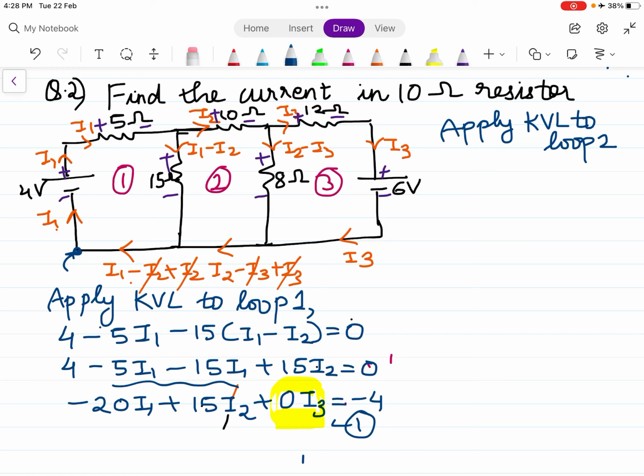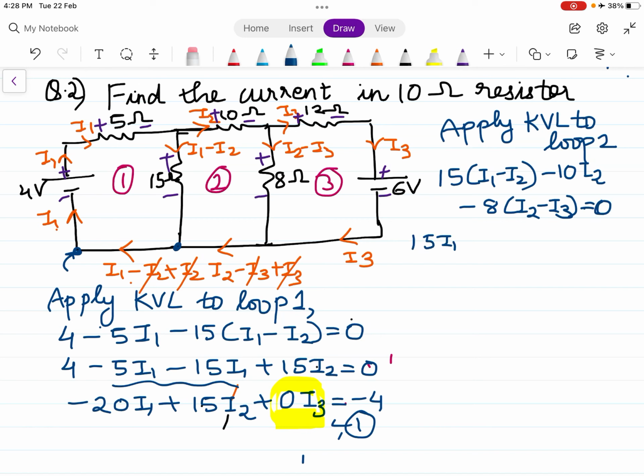Apply KVL to loop number 2 starting from this point. Negative to positive is plus 15 (I1 minus I2) minus 10 I2 minus 8 (I2 minus I3) equal to 0.